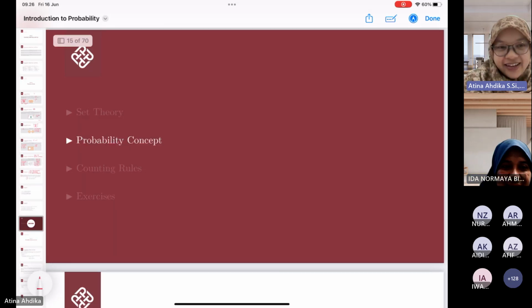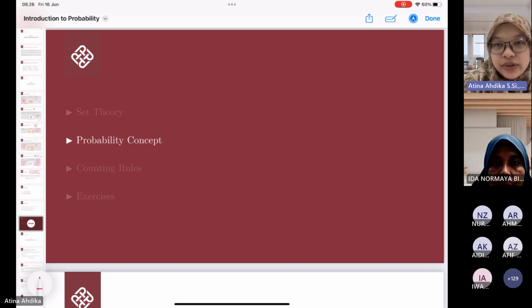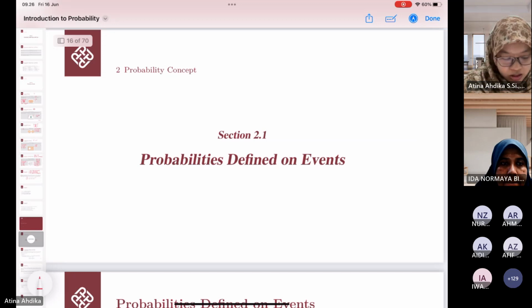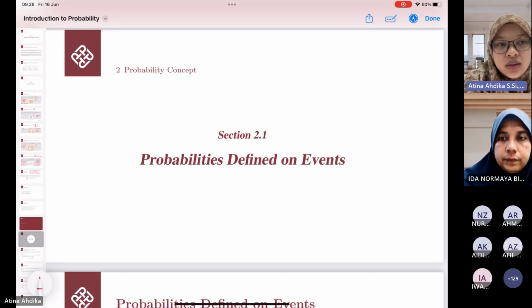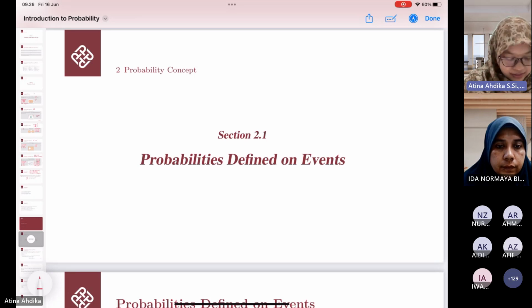Okay, so I will continue to the second section of our class today. It is about the concept of probability. So we will discuss the probabilities which are defined on events.